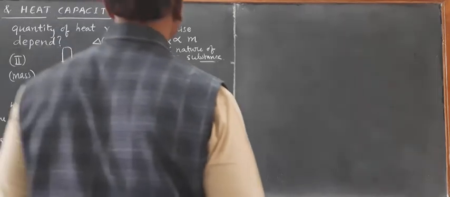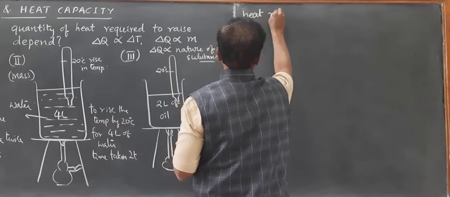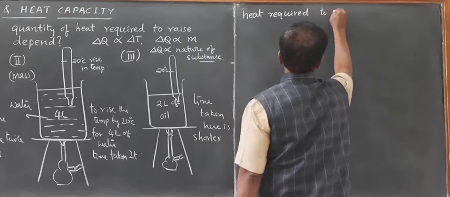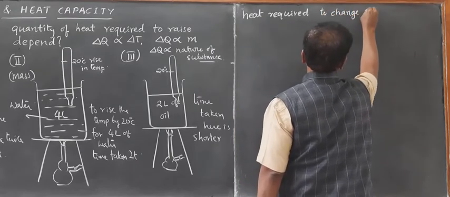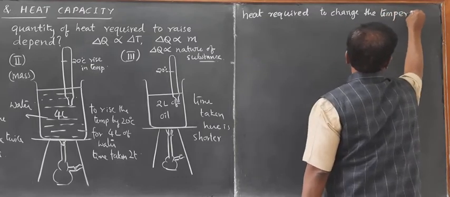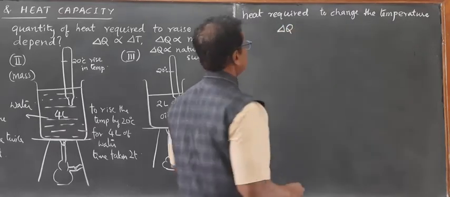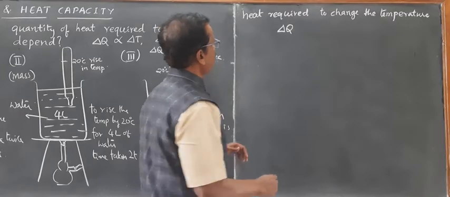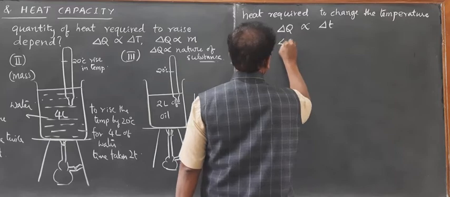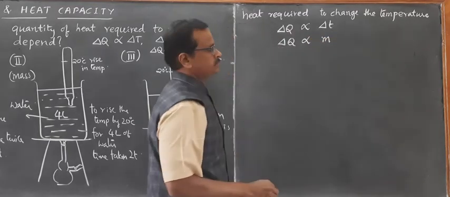So now I am writing these factors. Heat required to change the temperature, delta Q, is the heat required to change the temperature. It is directly proportional to change in temperature, directly proportional to mass of the substance.